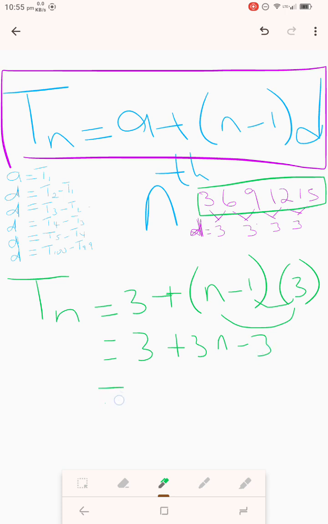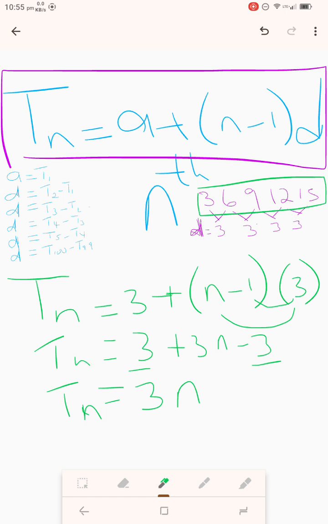So now it's equal to, let's look for the like terms. We have positive 3 minus 3. This one kills this one, then we are left with 3n. This is our Tn, the general term.